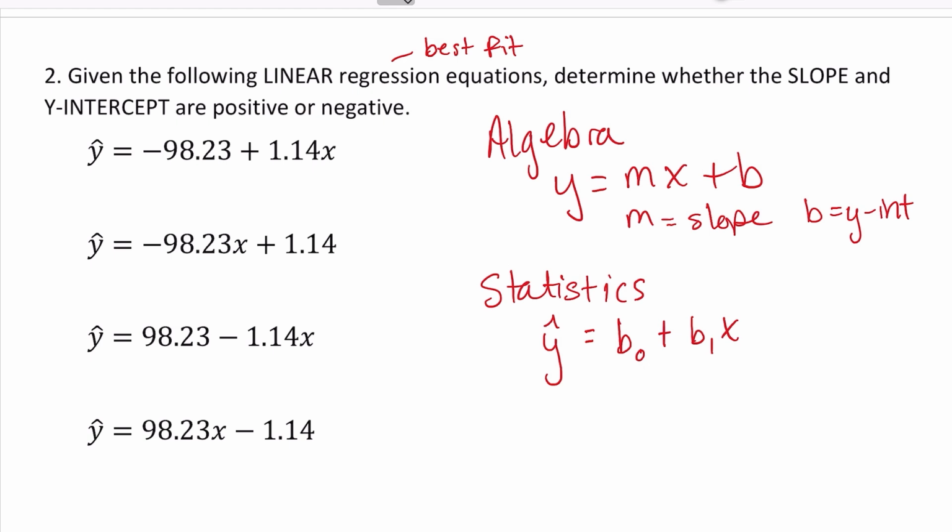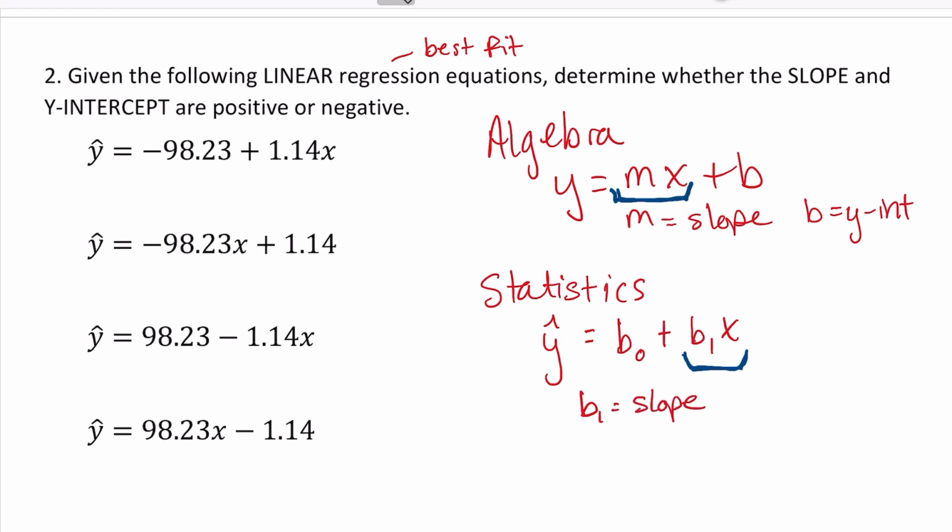Notice here that whatever is with your x value is your slope. So that b sub 1 is like my m. That's my slope.